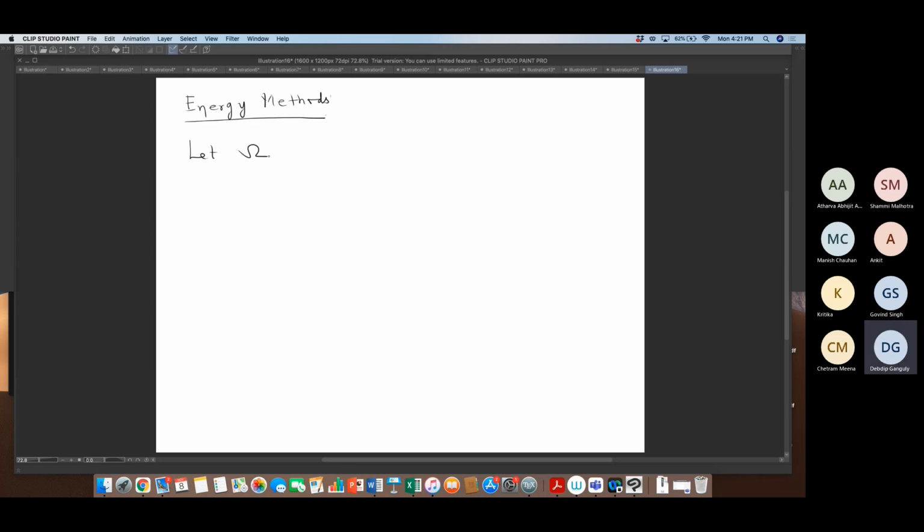Let omega be a bounded domain with C1 boundary.